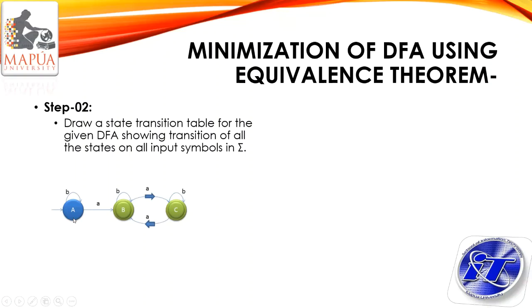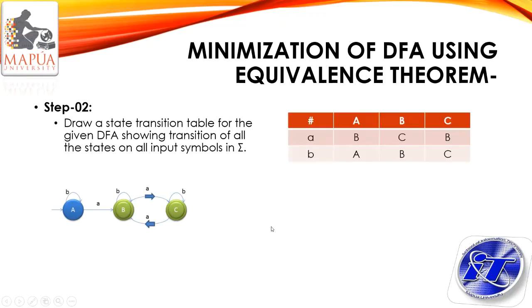The initial state A, when it encounters B input, will just loop within itself, but in case we have A input, it will go to state B. In state B, if we have A, it will go to state C, but in case we have B input, it will just loop within itself. Same with C: if it encounters B input, it will loop within itself, and if we have A, it will go back to B. So this is the summary of the transitions, the transition table.